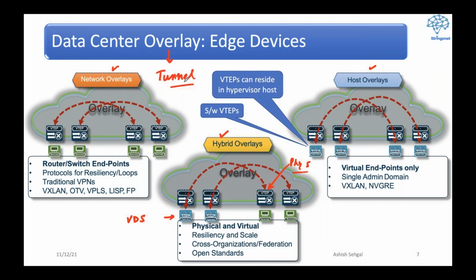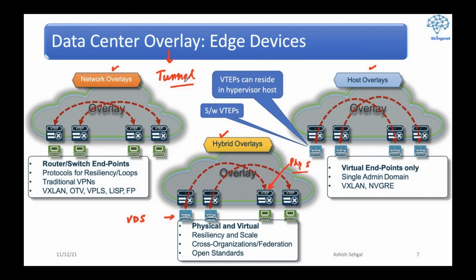Any moment, if you have any question in between, guys, feel absolutely free, because understanding VXLAN and doing the lab on VXLAN is very important, and for that the most important is understanding the concept. Then VXLAN will become very easy. All right, so overlay we have discussed, 3 different types of overlay: network, host, and hybrid.